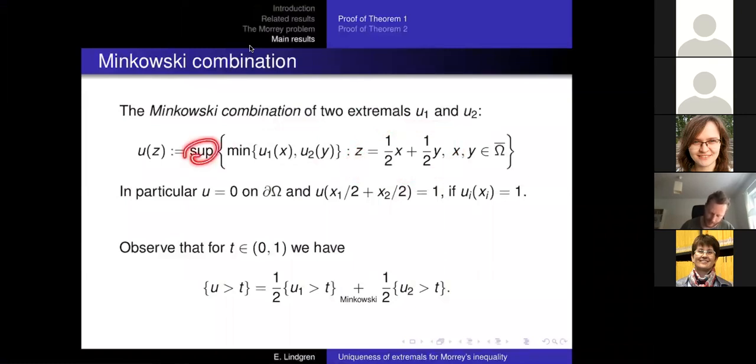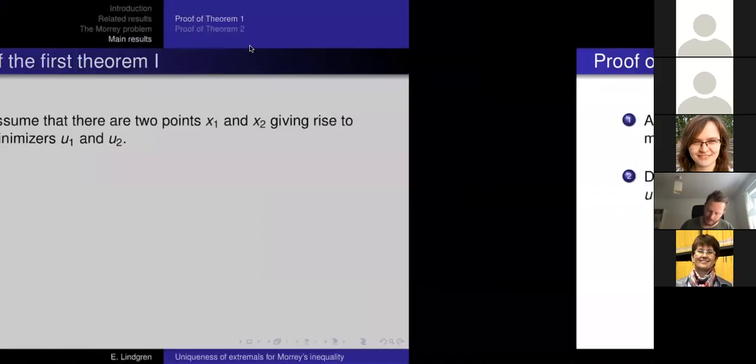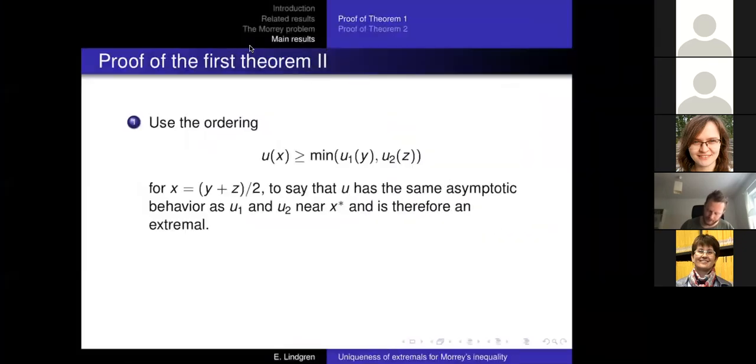So at least it's larger than or equal to this. So U is larger than this minimum, where X is the midpoint of Y and Z. And this forces a growth from below on U of X.